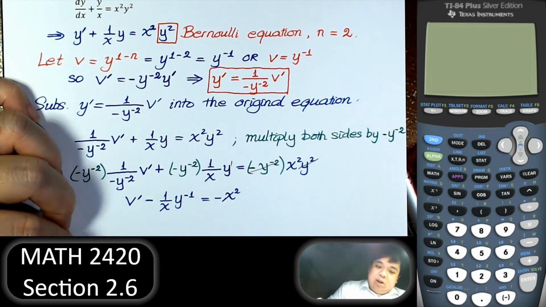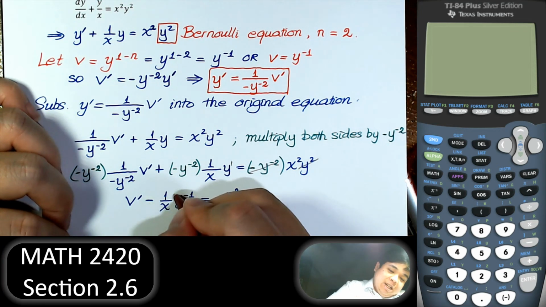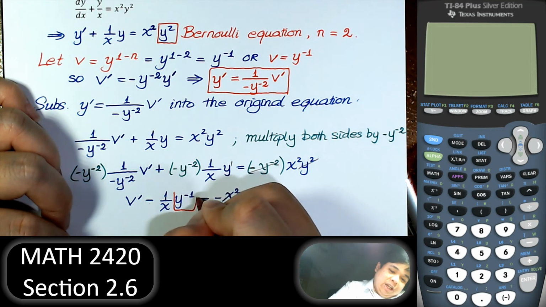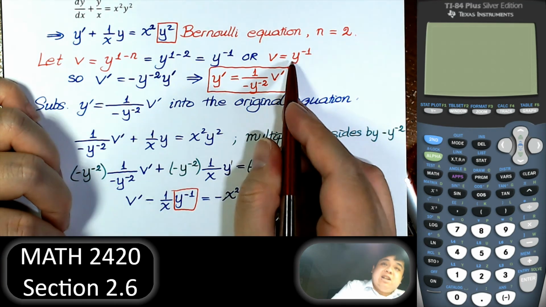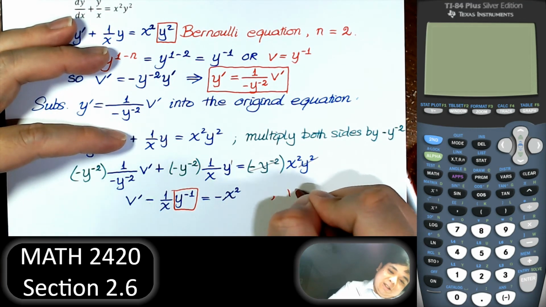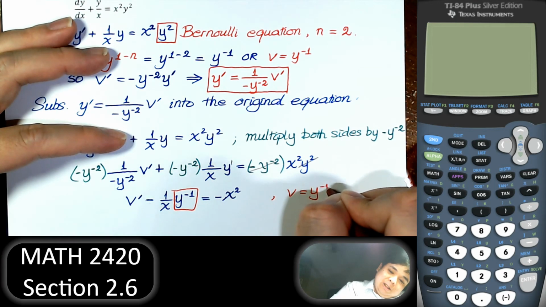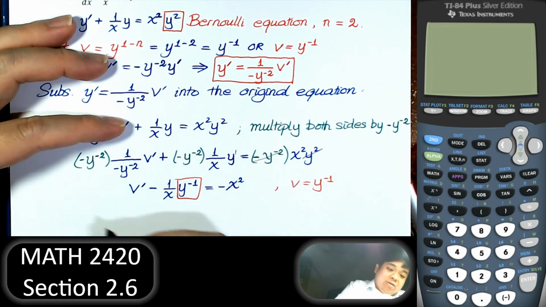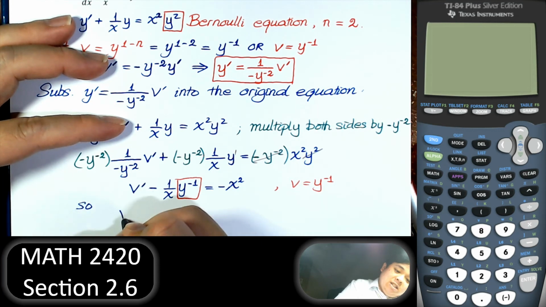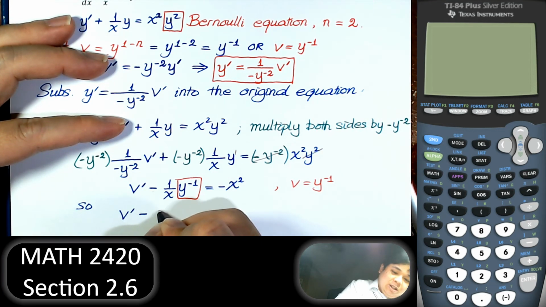Now, if it works out perfectly, this is supposed to be equal to v, right? And it is. So we're supposed to have just the equation in terms of v and x, linear first order.